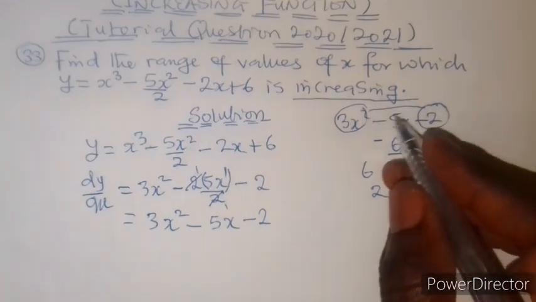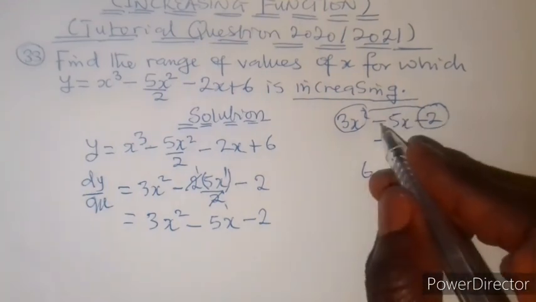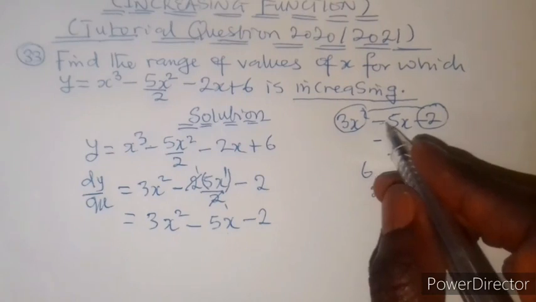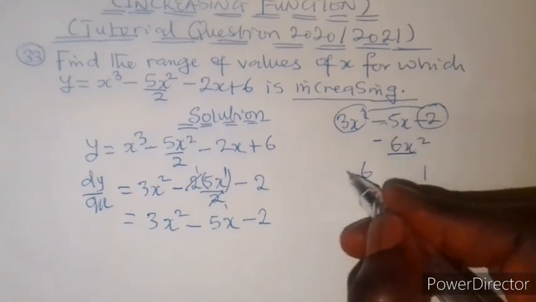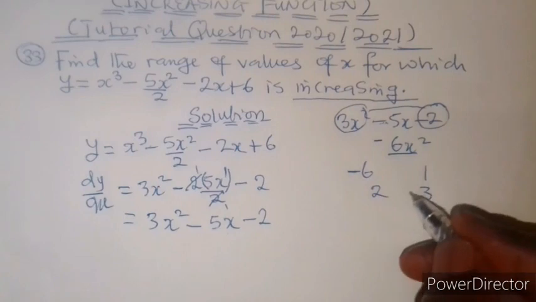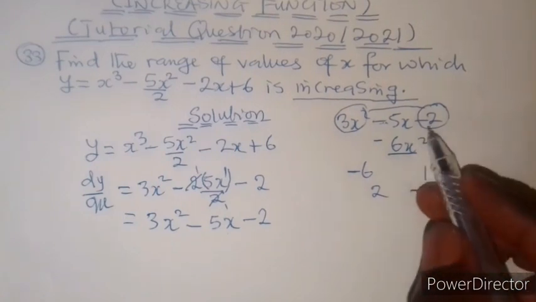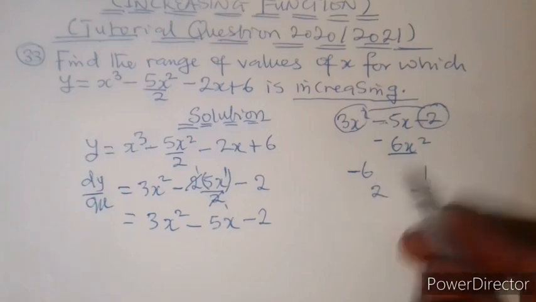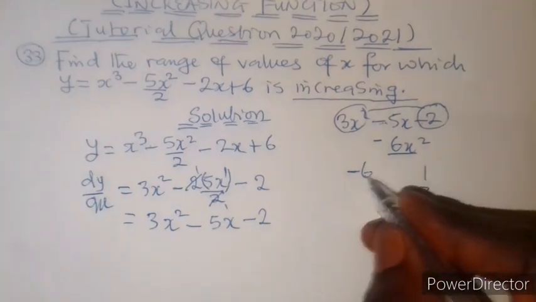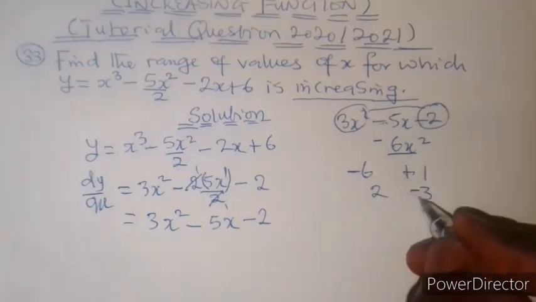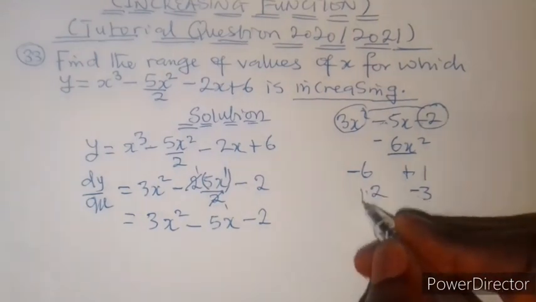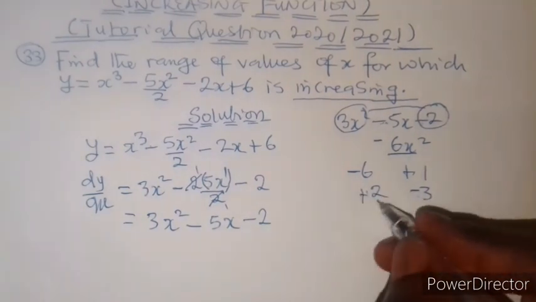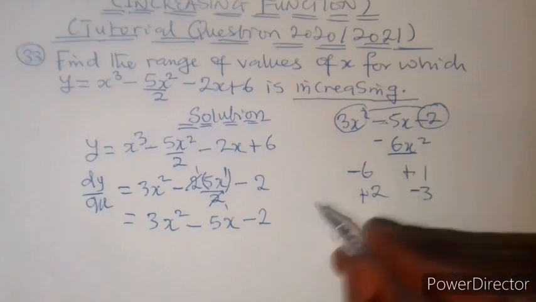Taking a look at the middle part here, we have minus. This minus goes to the bigger factor. And if you consider the last sign here is minus, it tells you the two factors will have different signs. So if here is minus 6, here will be plus 1. If here is minus 3, here will be plus 2. Now, which of these will give us minus 5?